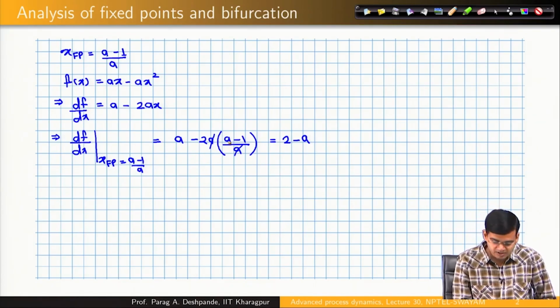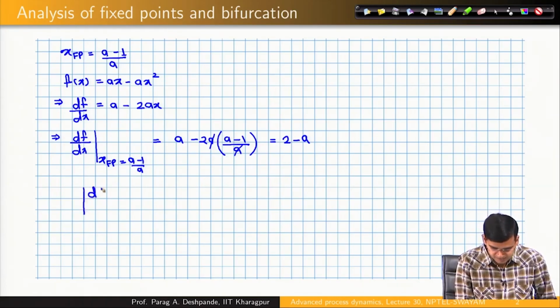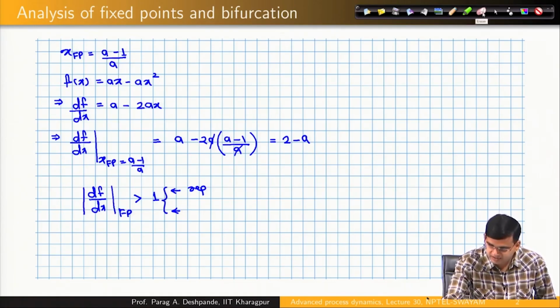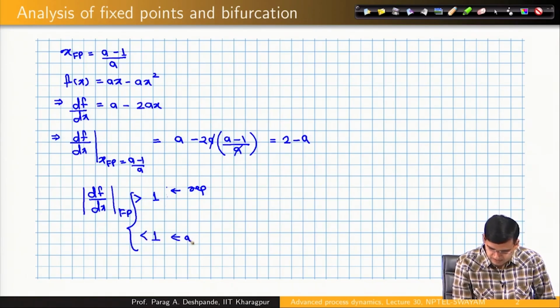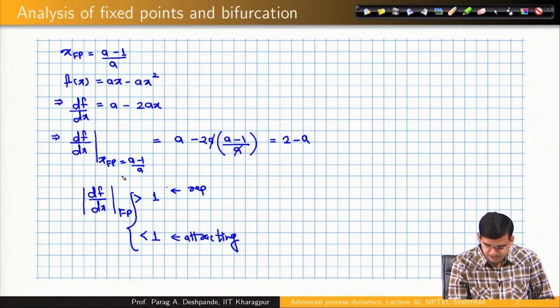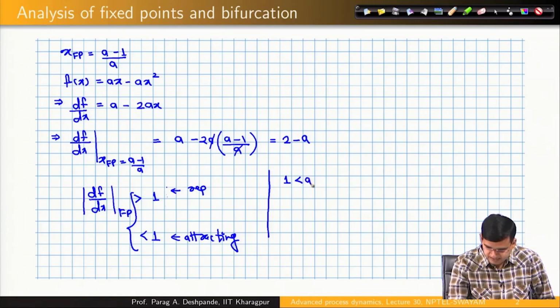And my condition for stability, for attracting or repelling fixed points, was that this df by dx at the fixed point should be greater than 1 for repelling and less than 1 for attracting. So, for A in the range 1 less than A less than 3, you will have an attracting fixed point.